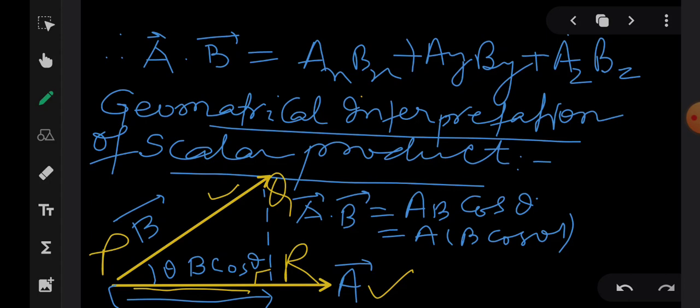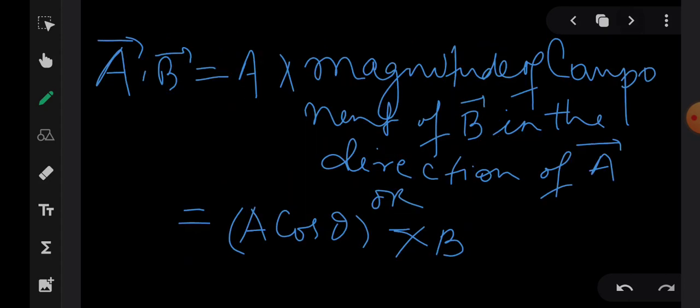So A dot B is ab cos theta, which can be written as a times b cos theta in brackets. What is b cos theta? b cos theta is the magnitude of the component of B vector in the direction of A vector. So A dot B is nothing but the magnitude of A vector into the magnitude of the component of B vector in the direction of A vector.